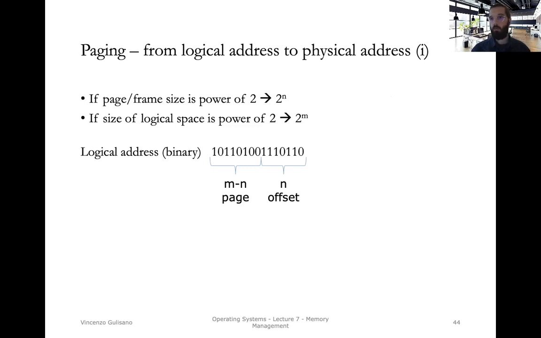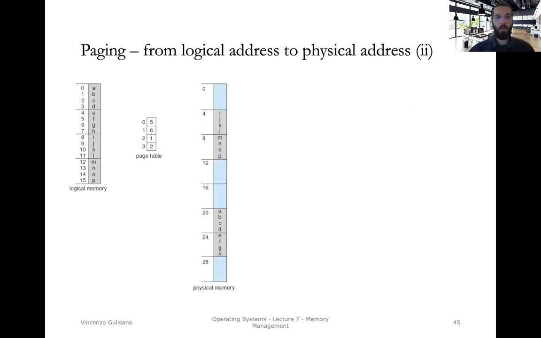If the size of the page or the frame, they have the same size, is 2 power n, and the logical space you need for the process is 2 power m, then you take your address in binary, of course. The first m minus n bits indicate the page. The remaining ones indicate the offset. So you can translate the binary address into page and offset just like this, okay?